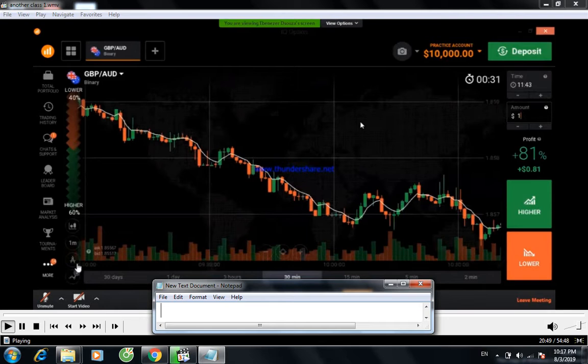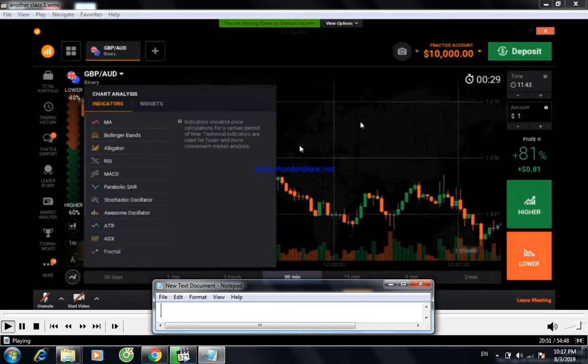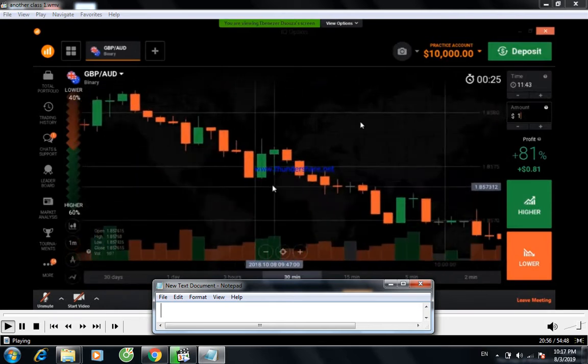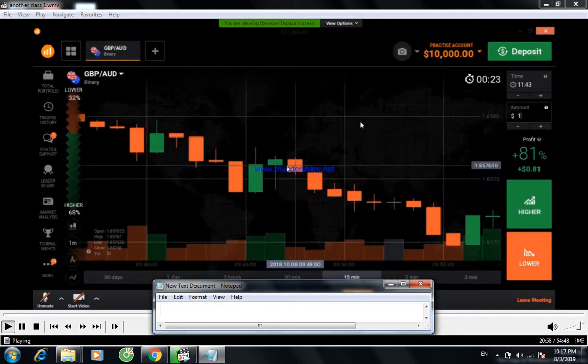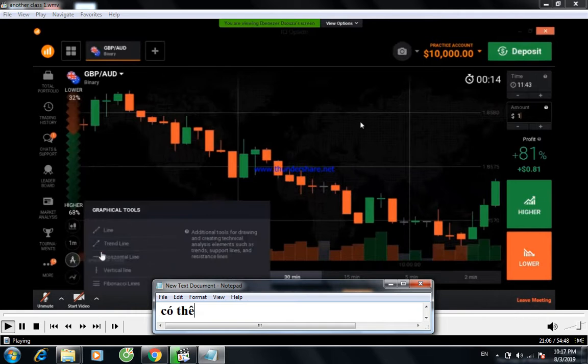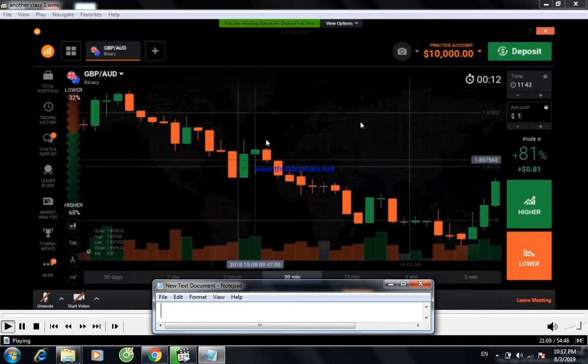Okay, here I'll tell you one thing. You can see actually after this candle the market will go more up from this level. Okay, because I already told you after a strong candle, if you see one candle like this, just wait.